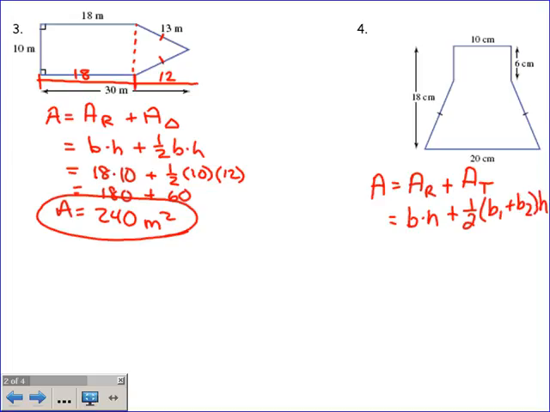Excellent. So for the rectangle, Sam, what's the base of the rectangle? Okay, base is 10. What's the height of the rectangle? Okay, and for this part, tell me the bases of the trapezoid. Yep, 20 is the bottom one, and 10 is the top one. And what's the height of just the trapezoid?